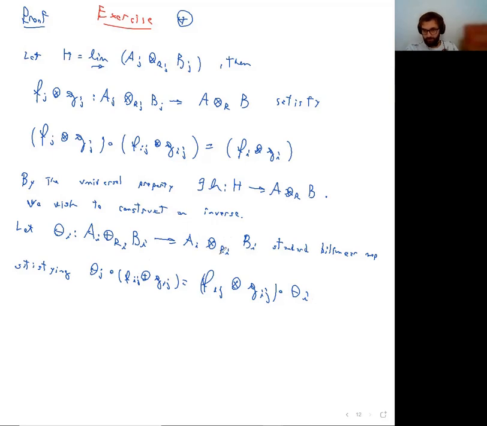So in particular, if you take the limits, here you get the limit of the sum, which by the exercise is the sum of the limits, into the limit of this, which is just H. And we say that this is a plus b into H, and this is bilinear.